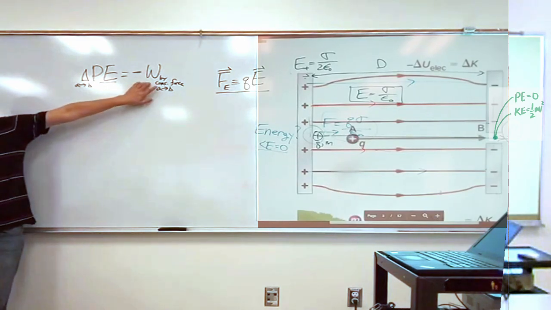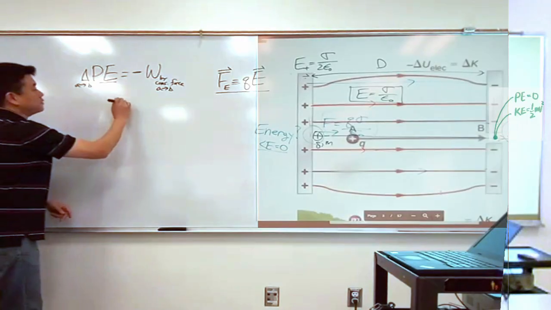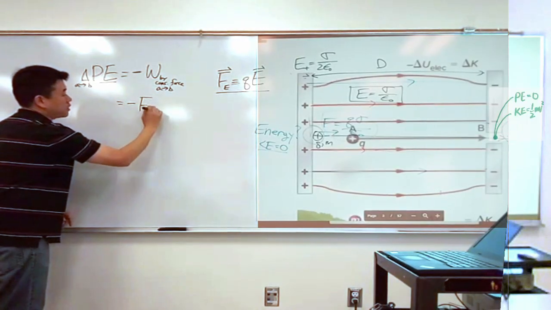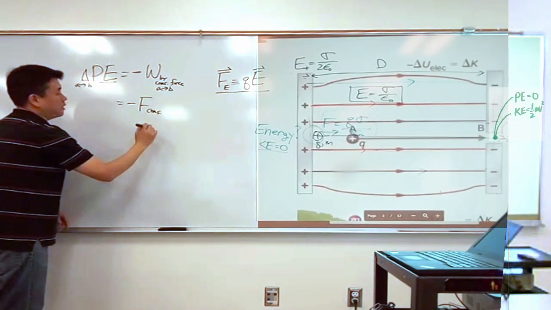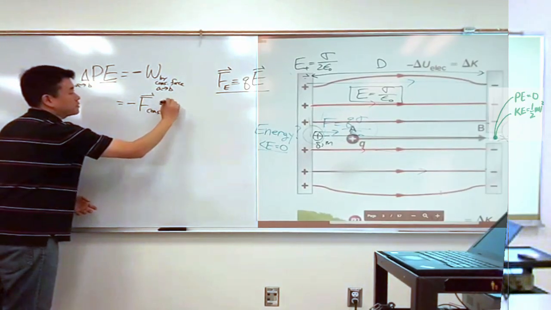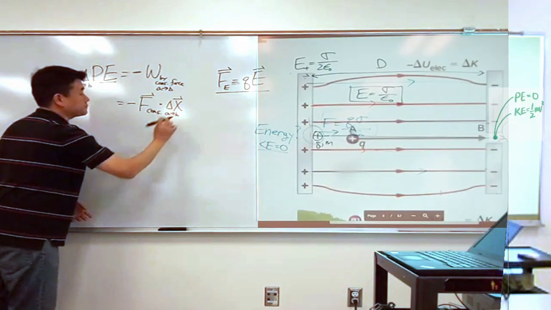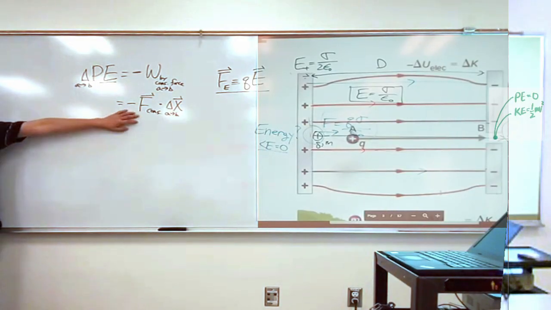Or if you write out what the definition of work is, the change in potential energy is equal to minus the conservative force applied as you are going from A to B times the change in the position as you go from A to B. Does this ring a bell?